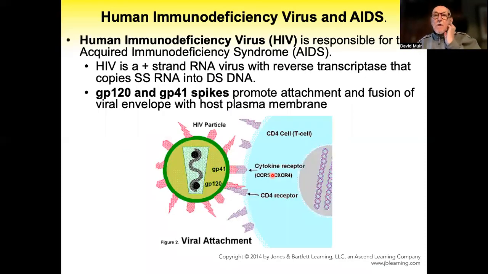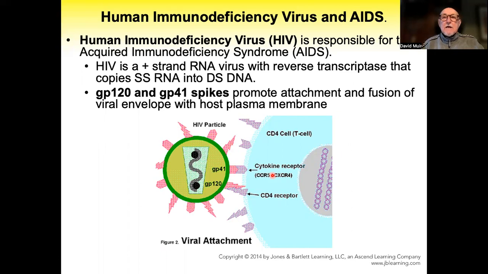Okay, so we're going to finish off just by quickly discussing human immunodeficiency virus, HIV. HIV is the causative agent of the syndrome called acquired immunodeficiency syndrome, AIDS. And that describes it absolutely.